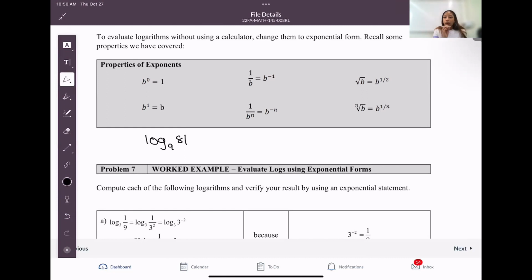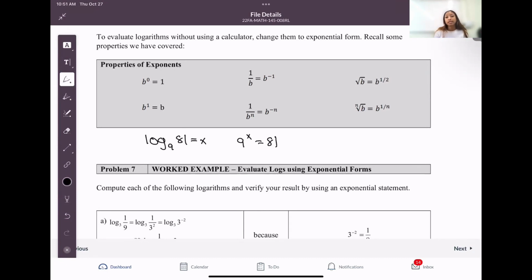So you have to think about what the logarithm means. This is asking, what power do I raise 9 to get 81? So we can say this is equal to some unknown x. Then in exponential form, this would be 9 to the x power equals 81.